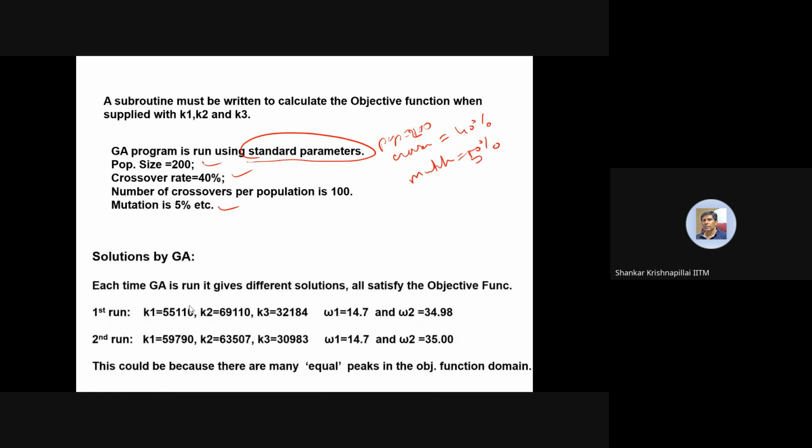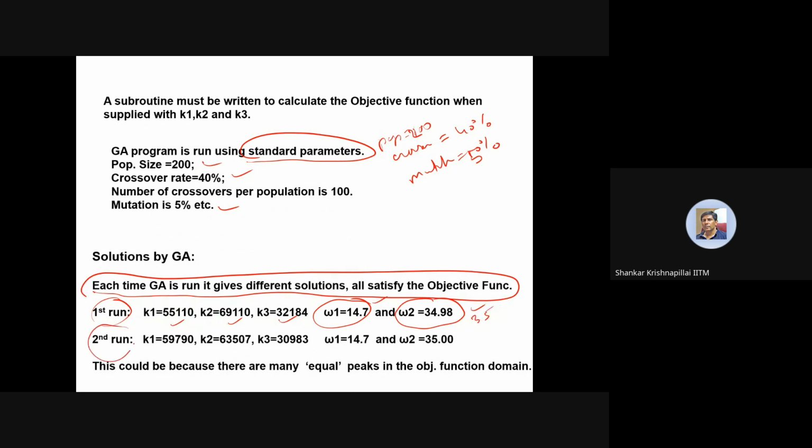What is happening is that each time you run the GA, we get a different solution, but all of them satisfy the objective function. When the genetic algorithm is run first, you get this solution: K1 equal to 55,000, K2 equal to 69,000, K3 equal to 32,000. Omega 1 comes exactly to 14.7, and omega 2 comes to 34.98, which is close to 35.